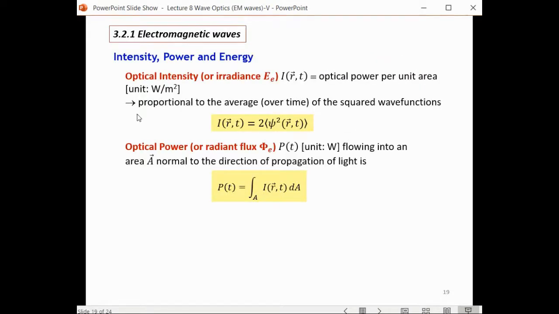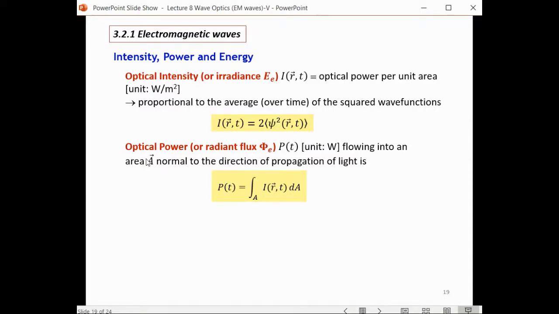Here are other properties that we can define for light waves. The optical intensity or irradiance, which we have already defined earlier, is the optical power per unit area, which will be proportional to the average over time of the square of the wave function.